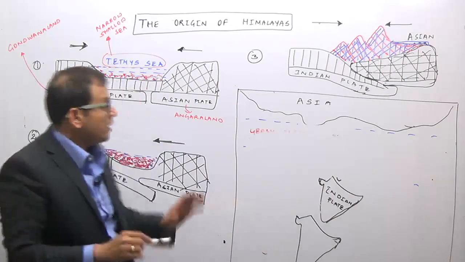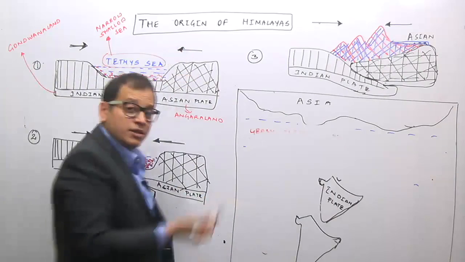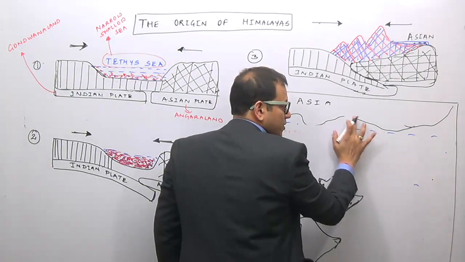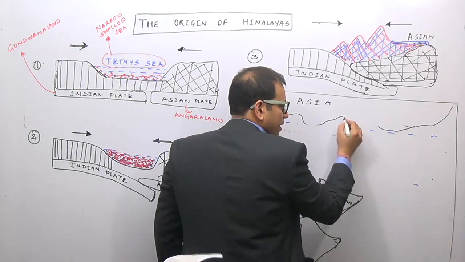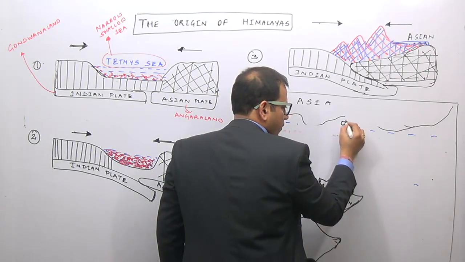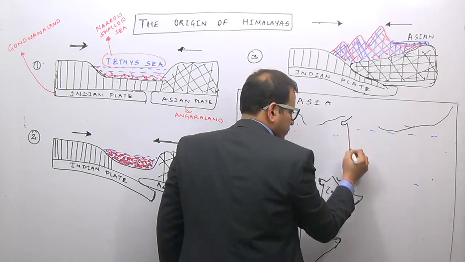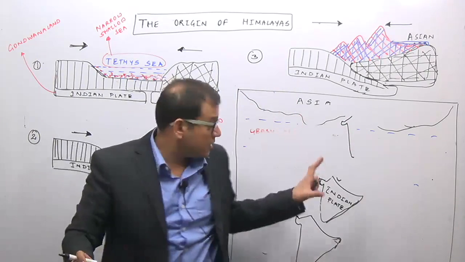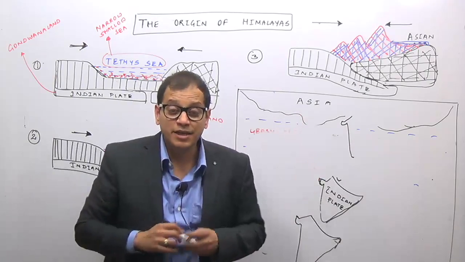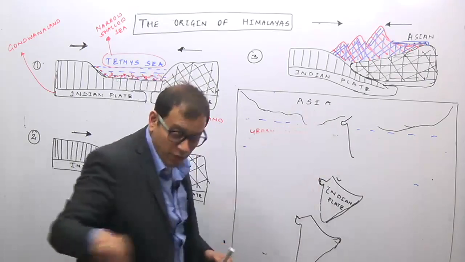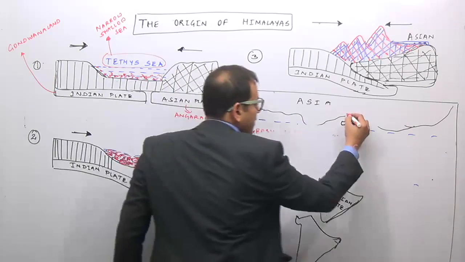Now, this is the side view, while the top view will look like this. Initially, the Himalayan mountain system came and collided with the Eurasian plate. So there was first the Aravalis, the western part of the Indian plate, which came and pushed the Eurasian plate, and as a result there was this bending of the Himalayas.